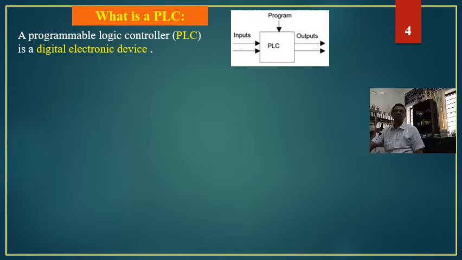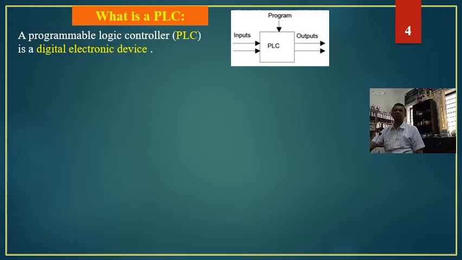In electronic devices, basically there are two varieties. One are analog devices and the other are digital devices. These analog devices normally make use of continuous signals in order to process the data, whereas digital devices make use of digital signals like binary numbers, zeros and ones.